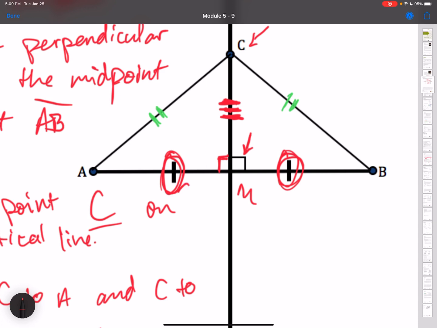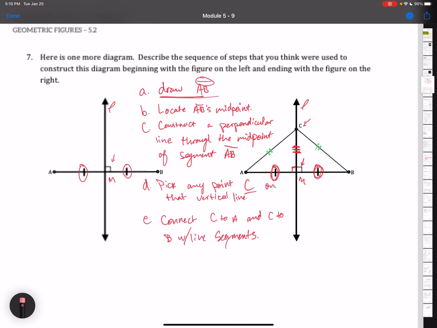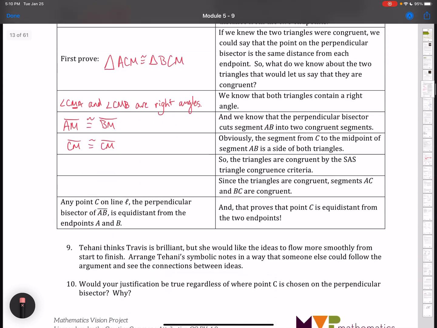So now I have a side, an angle, and a side congruent to a side, an angle, and a side, right? That's where that SAS triangle congruence theorem comes into play, okay? So I'm going to erase those just for clarity's sake so that we don't get too convoluted here. But now I can state that triangle ACM, just like we had above, is congruent to triangle BCM.